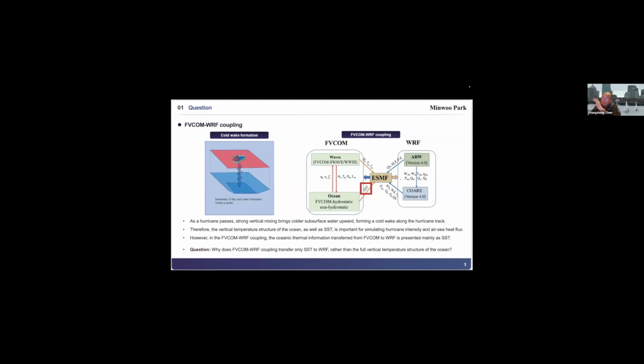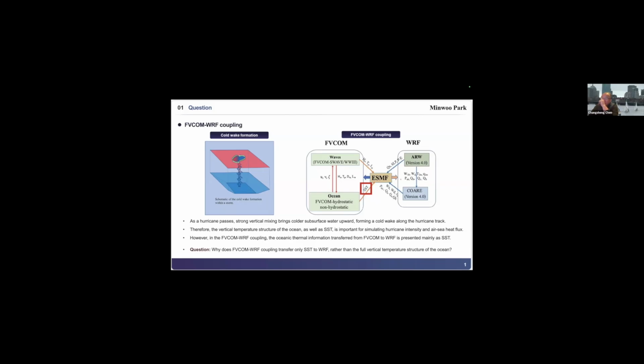That's why the coupling system doesn't need to include the vertical temperature structure. The vertical temperature structure changes the surface temperature, then the surface temperature is provided to the WRF model. The reason is that the LC coupling we understand right now all goes through the interface, and the interface is the surface.